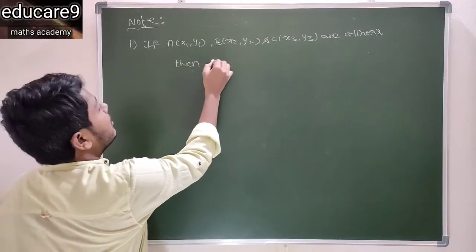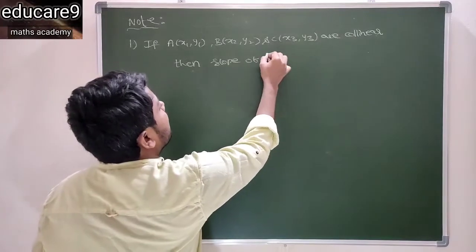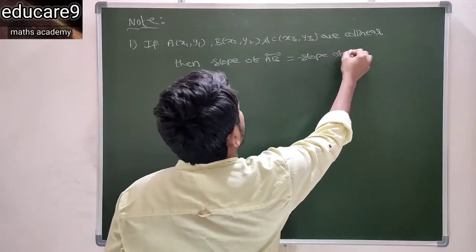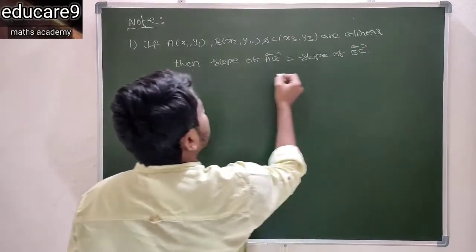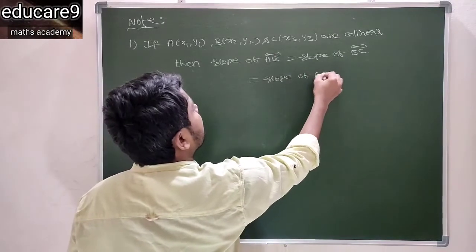Then clearly slope of AB is equal to slope of BC is equal to slope of AC.